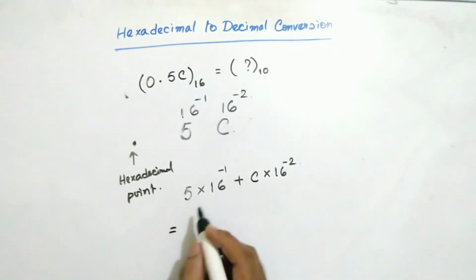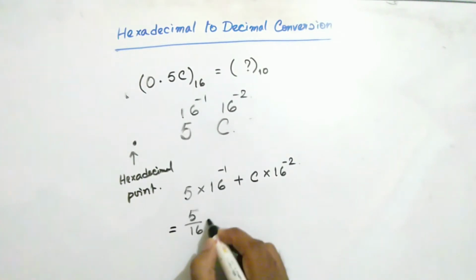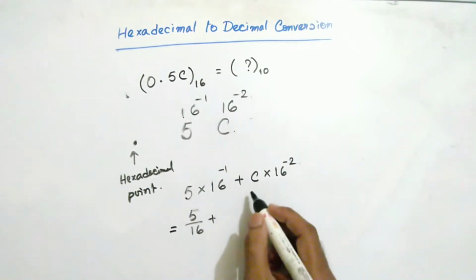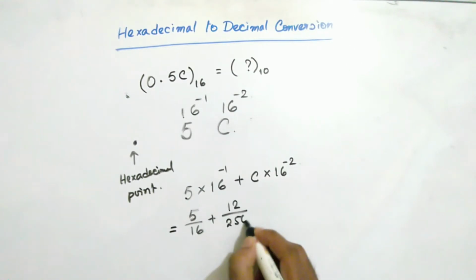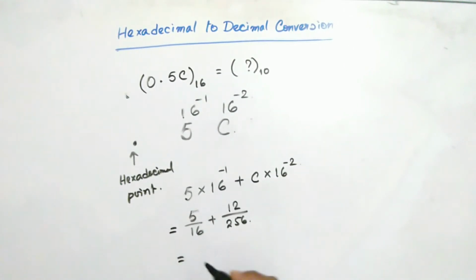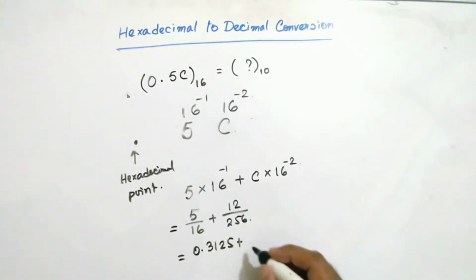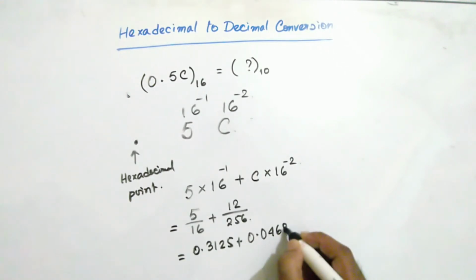So here we have 5 by 16 plus C. A means 10, B means 11, so C means 12 in hexadecimal, so 12 by 256. 5 by 16 means 0.3125, and 12 by 256 means 0.046875.